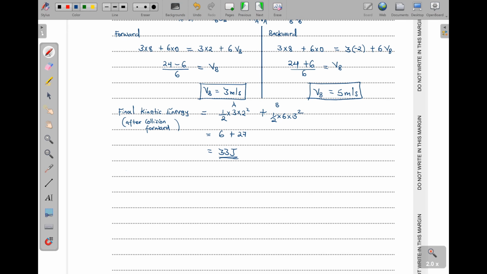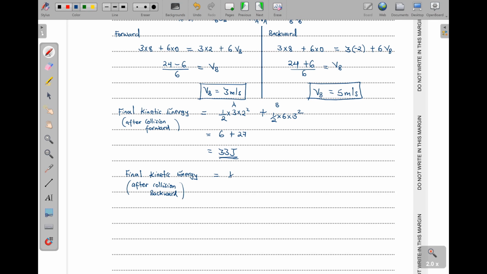Then let's look at the final kinetic energy after collision when A is moving backward. Okay, when A rebounds.